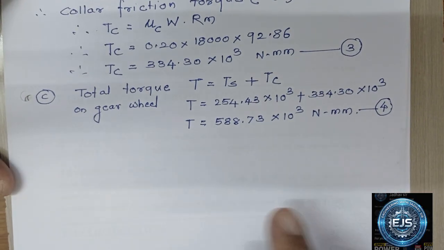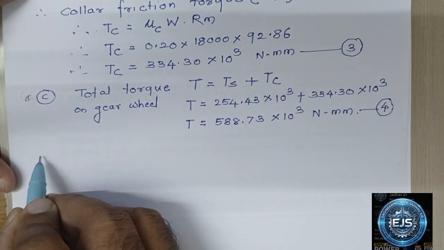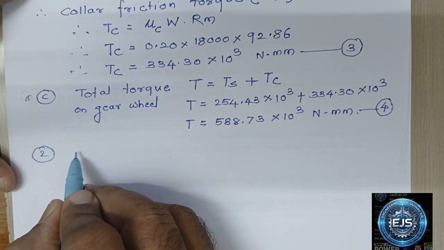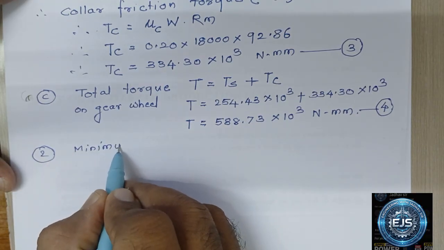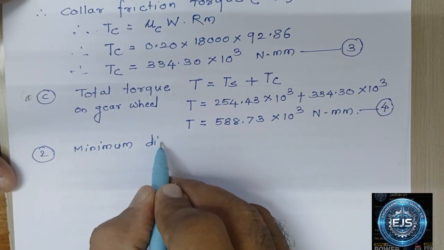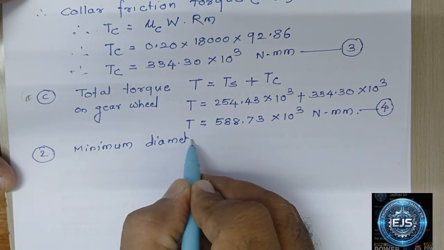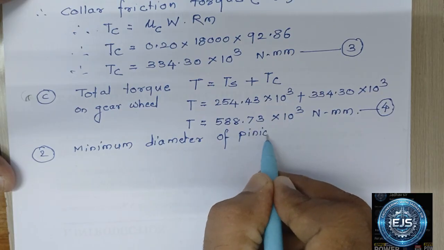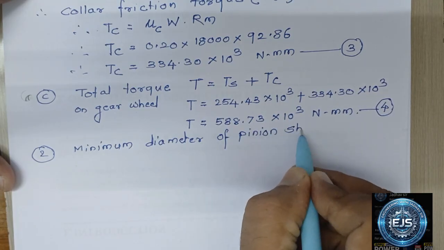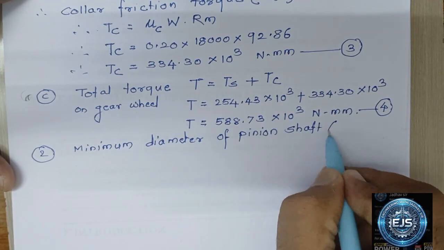Now next is to calculate the minimum diameter of the pinion shaft. The next step is calculation of the minimum diameter of the pinion shaft, that is dp.